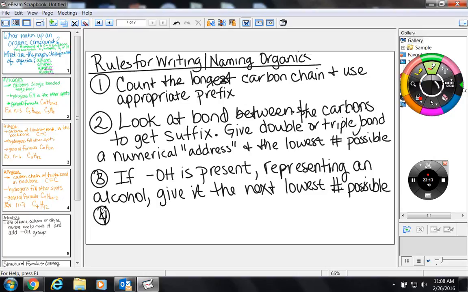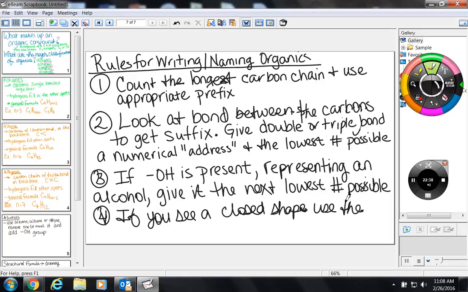4, if you see a closed shape, use the prefix cyclo.